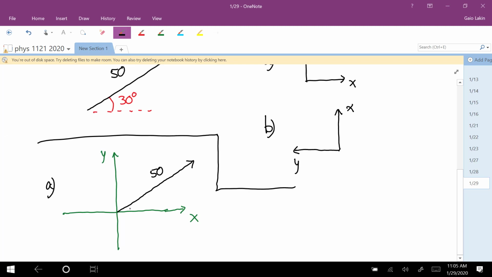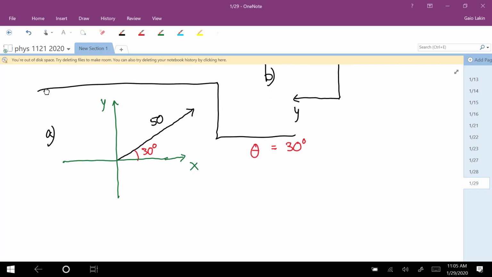And the angle that's given says that there's a 30-degree angle between the horizontal and the vector. So this angle is 30 degrees. And now we're trying to figure out the counterclockwise angle from the positive x-axis to the vector. Well, that happens to be what's given in this case. So the theta for this is just positive 30.